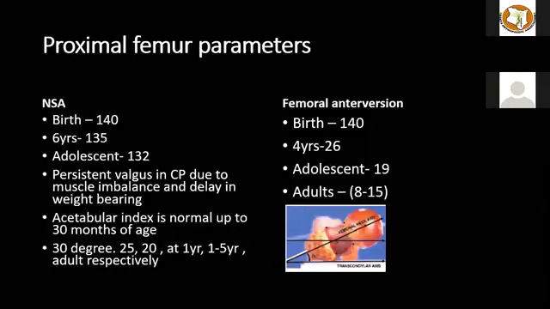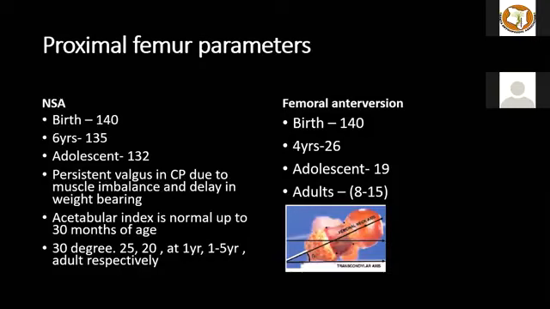The proximal femur parameters. Generally in children, the neck shaft angle changes from 140 degrees to almost 132 degrees in adults. In adolescents and adults it comes to around 120 to 125, depending on the sex.